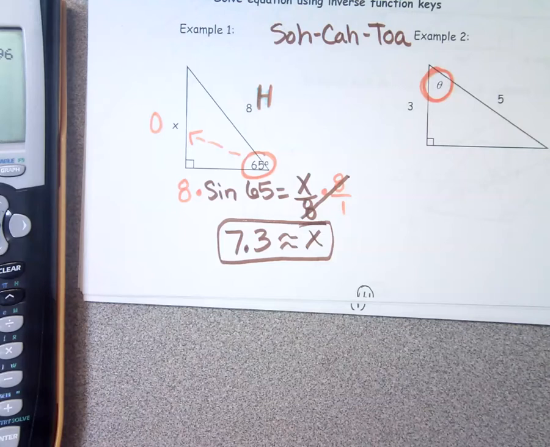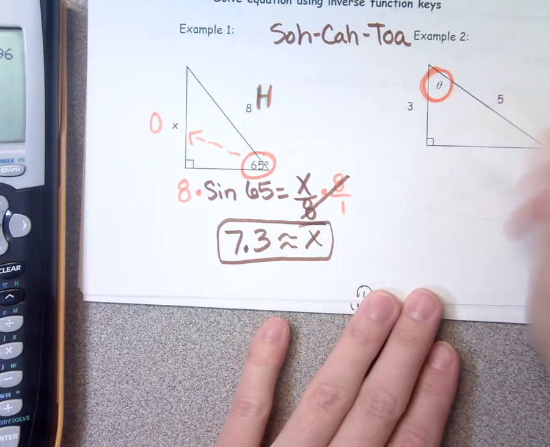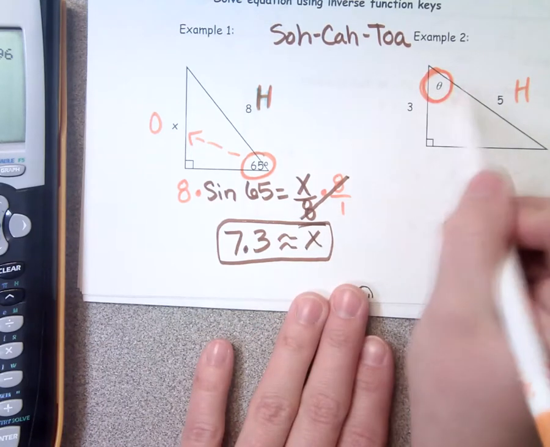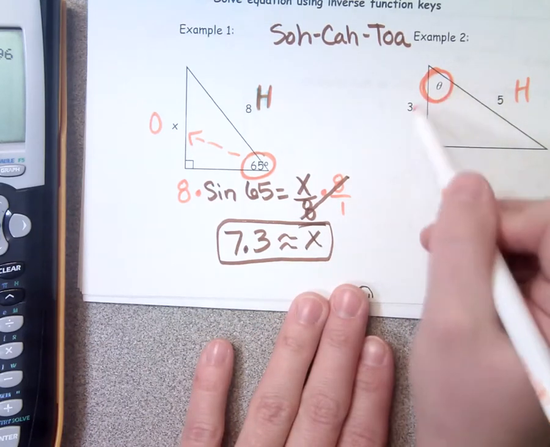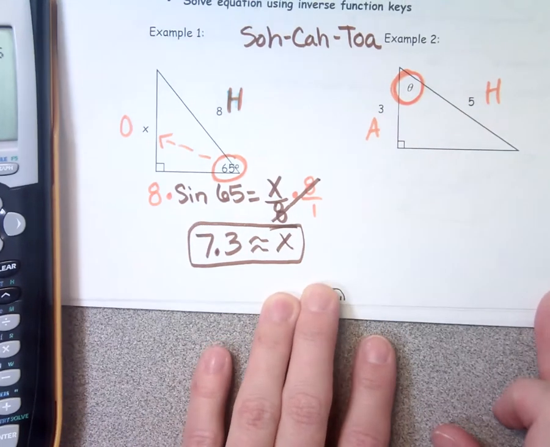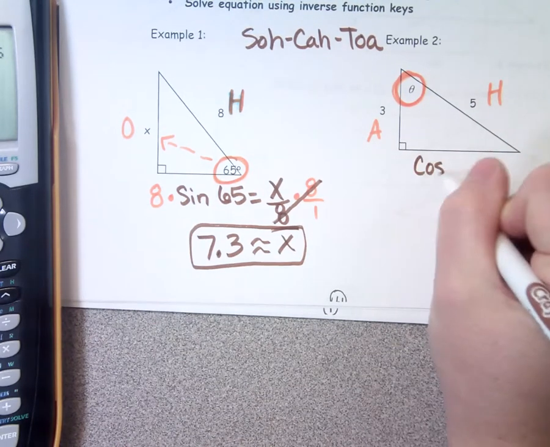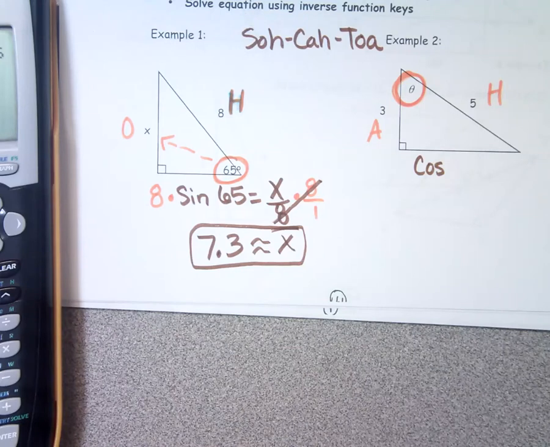So first of all, do I have a hypotenuse in the picture? Which one? 5. 5's the hypotenuse because it's across from the right angle. Okay, then when I go to the angle in the triangle, what would I label the 3? Adjacent. Okay, which one uses an A and an H? Cosine. So I'm going to write cosine, and then it's always cosine of the angle.